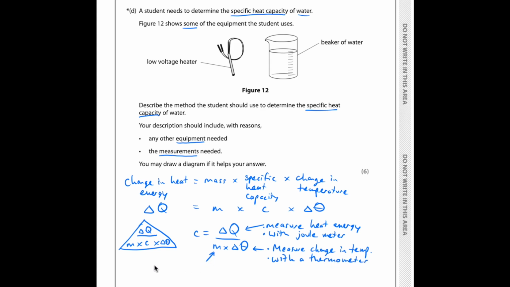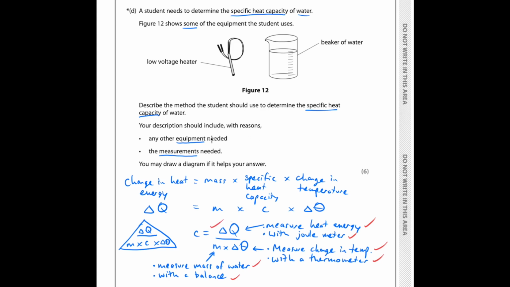We need to measure the mass of water. With what? With a balance. So we'll get 1 mark for that, 1 mark for that, 1 mark for that, 1 mark for that, 1 mark for that, 1 mark for that, and 1 mark for the equation.